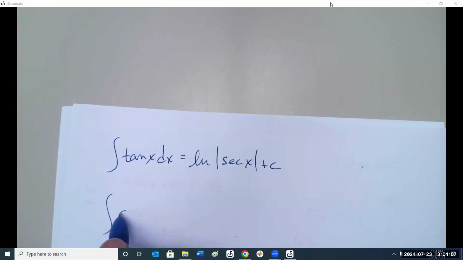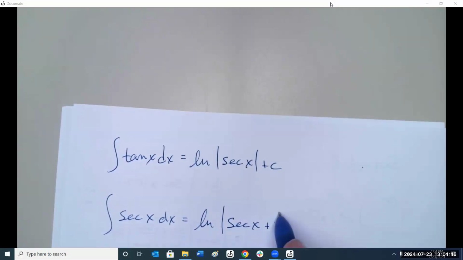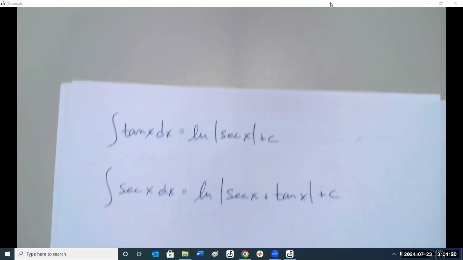The integral of secant x dx is the ln of secant x plus tangent x plus c.